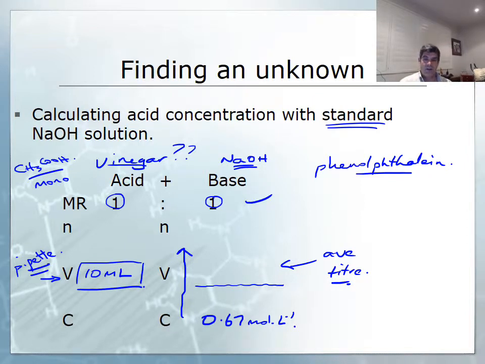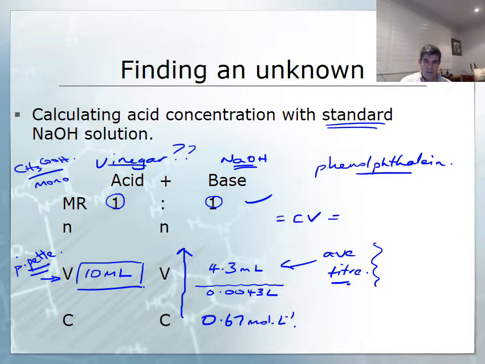If we've carried out our titration and we've got our average, let's say, to make up some numbers, that this particular one takes an average of 4.3 mils. So it's a very short, quick titration. Again, we've got to convert that to 0.0043 litres. And then if we go up, our number of moles is equal to CV.